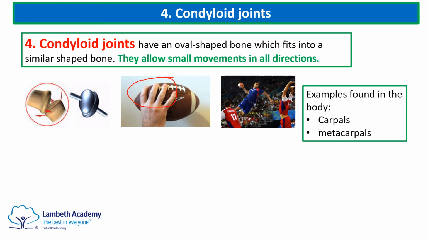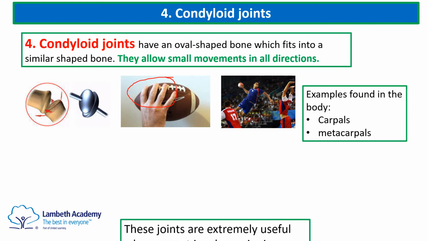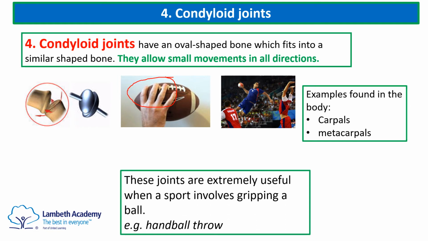So the places where we can find our condyloid joints in our body are in our carpals and in our metacarpals. These joints are really useful for small movements that take place around the wrists and the hands. So an example of this could be somebody in handball throwing a ball.